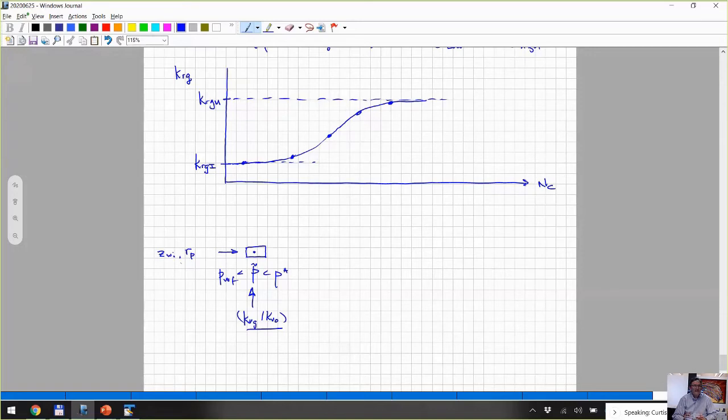So every one of these points has the same KRG-KRO ratio. It's a simple test. The other thing is that the change in KRG has to be the same as the change in KRO in order to maintain steady state. So this guarantees that the impact of capillary number is equal for each point on both phases. Otherwise, the KRG-KRO ratio would not remain unchanged.